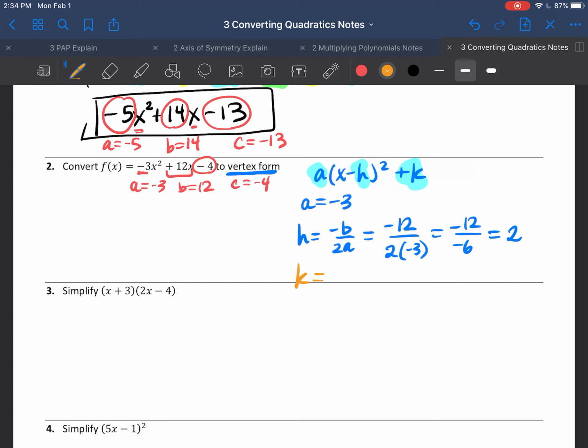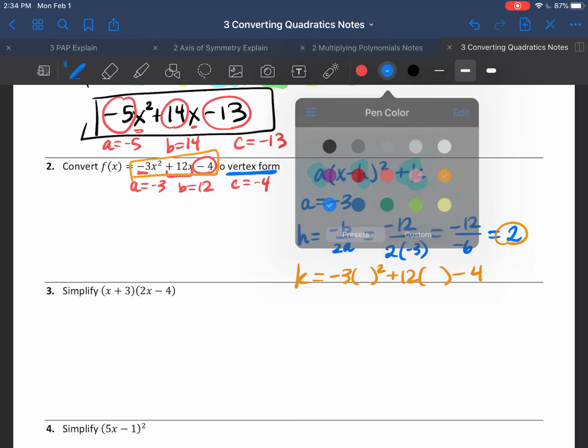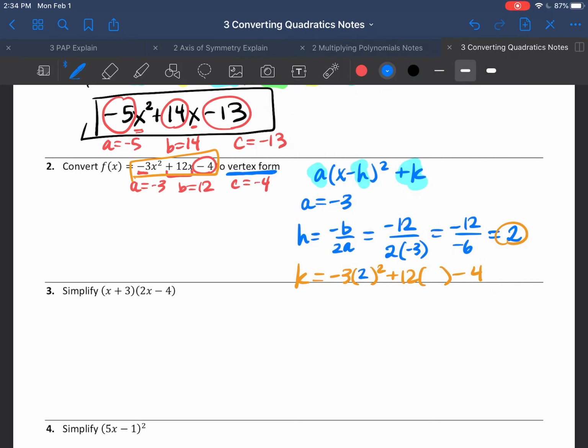And so we have to plug in 2 into the original formula, which says -3x squared plus 12x minus 4. And we put the 2 right here in for both of these x's.